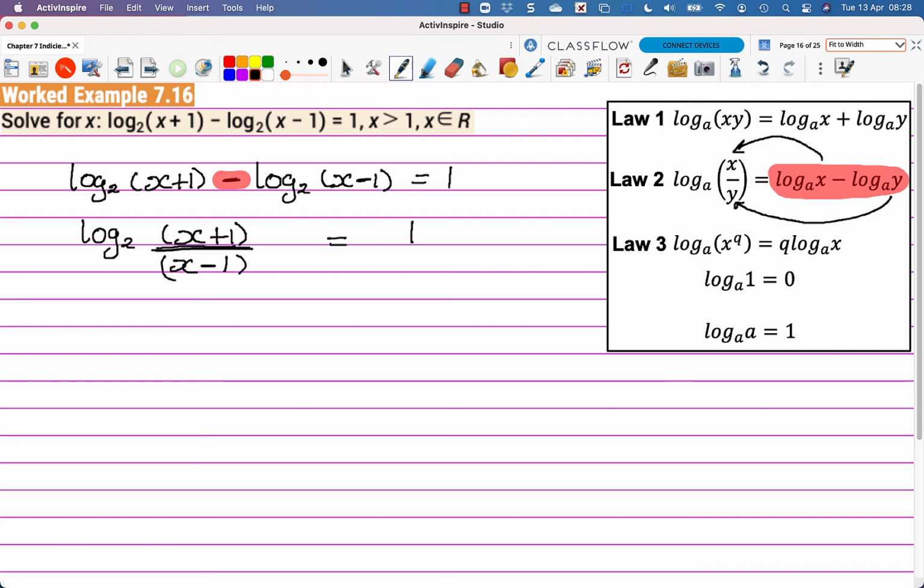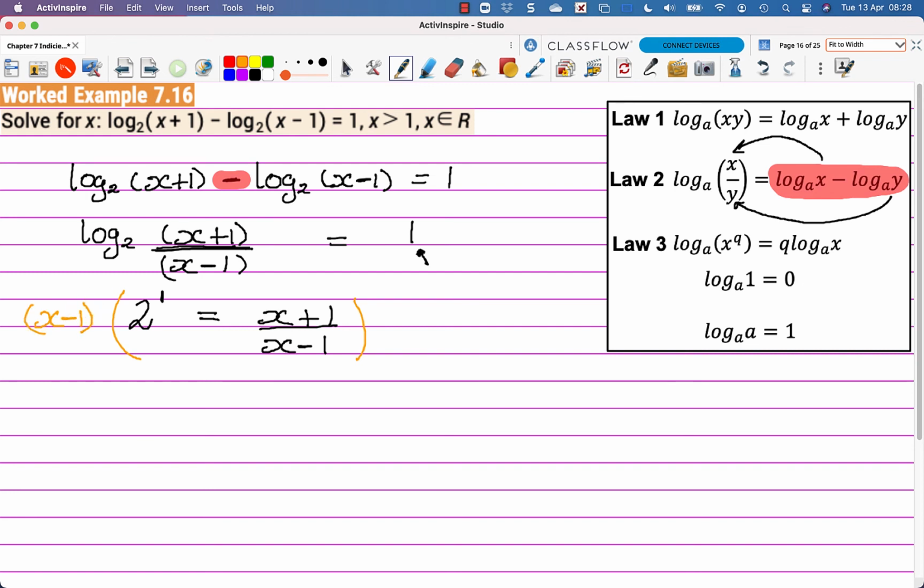So we've got a single log on one side and a number on the other, so we can turn it into its power format. Now we know the base number is 2, the power is equal to 1, and this is now equal to x plus 1 over x minus 1. We're going to multiply across by the bottom, which is x minus 1.